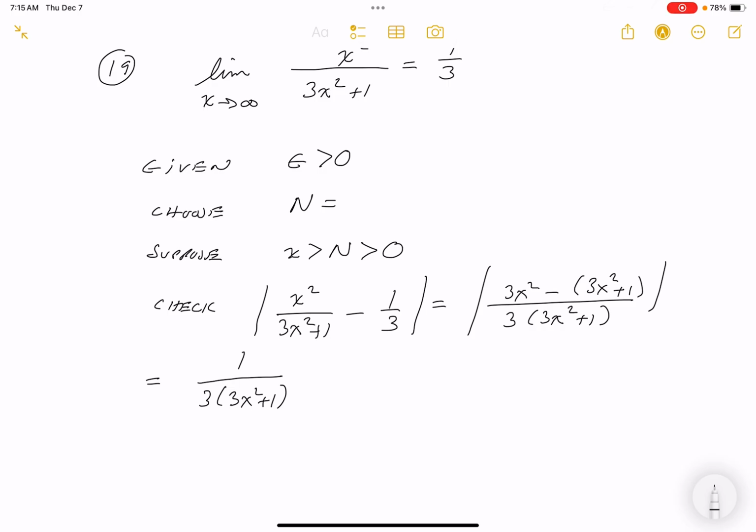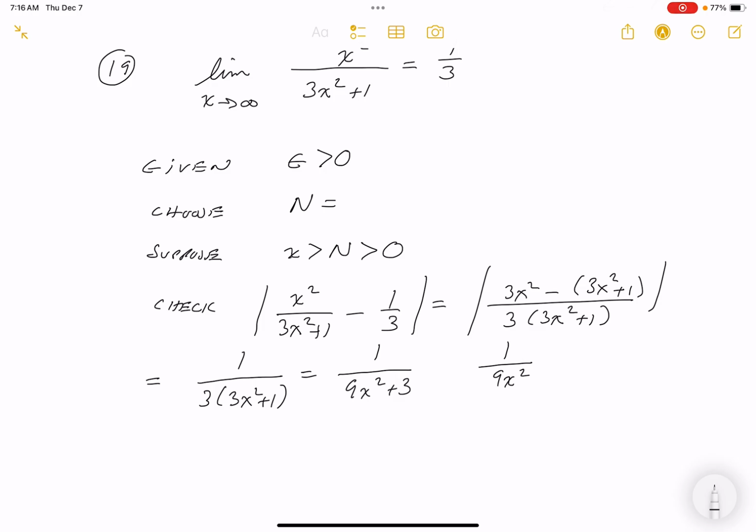Now, this is where the tough part comes in. Maybe a little more simplification over here, not necessary, but let me see if I can do that. 9x squared plus 3. Right, now what do I know about this thing? I'm trying to get a bound on it. Looking at it, I'm going to say 1, and then 9x squared on the bottom.